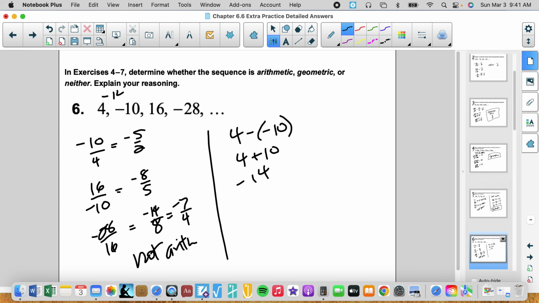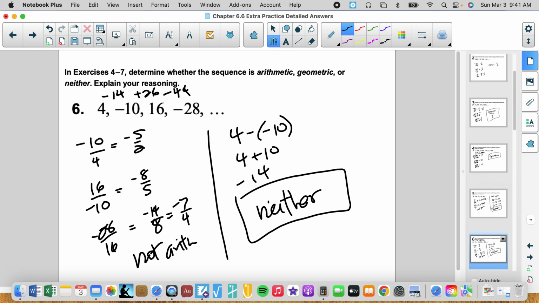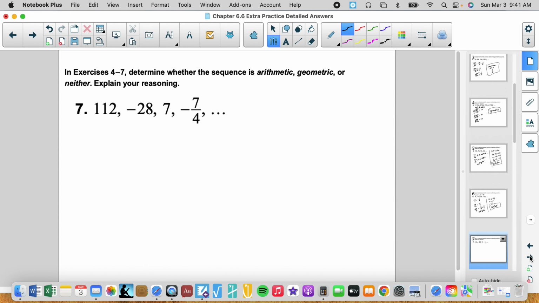Then plus 26, then minus 44. So it's neither, because there's no discernible pattern.